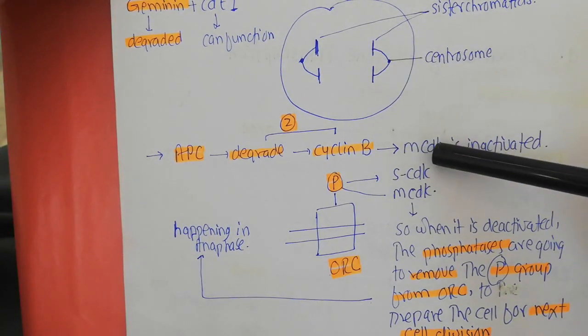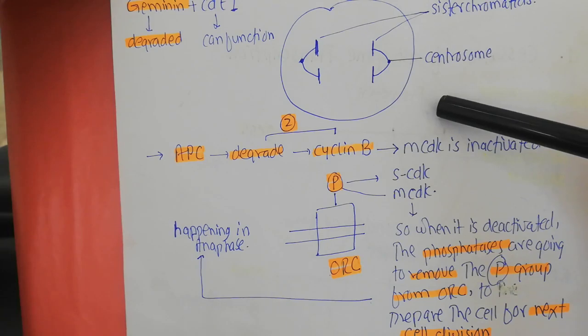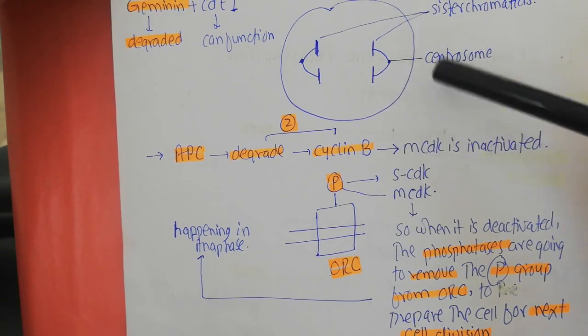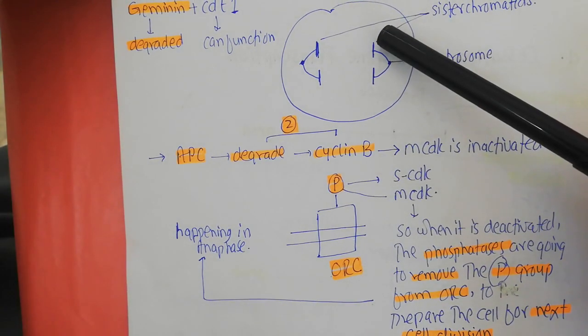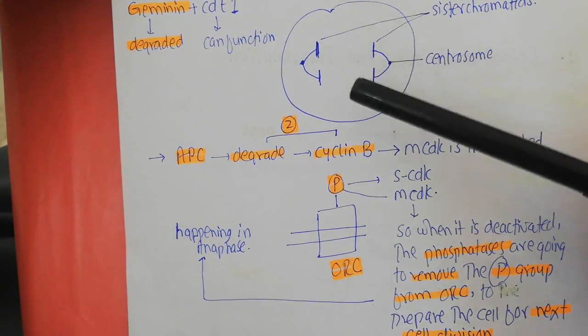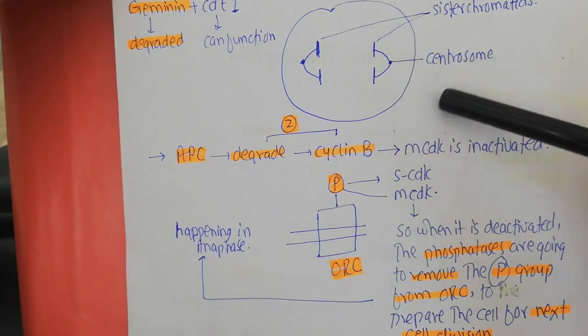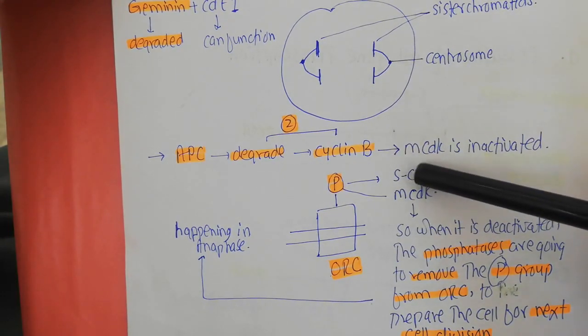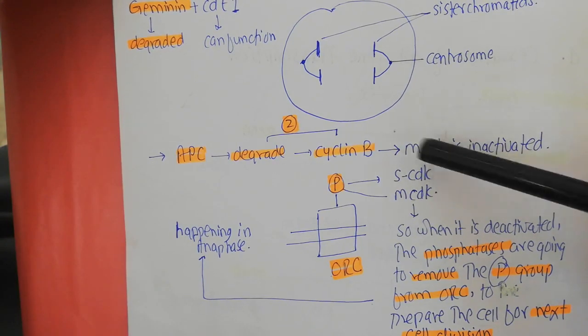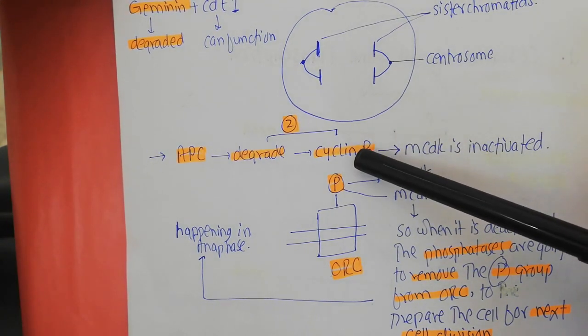So once you have inactivated the MCDK, that means that the condensation complex is going to get inactivated, and if the condensation complex is inactivated, that means your genetic material is going into the loose, transcriptionally active form. That is why we are going for the inactivation of the MCDK by the degradation of the cyclin B.